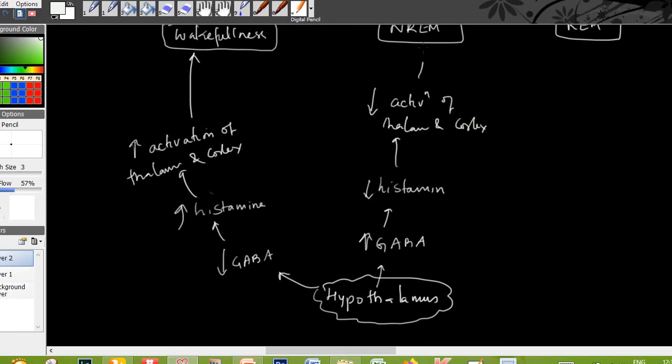It is going to bring about your NREM sleep. This is how both these mechanisms influence your wakefulness, NREM sleep and REM sleep. So that is in short about the different theories that you can come across regarding sleep.